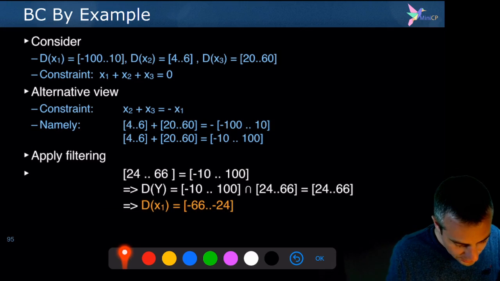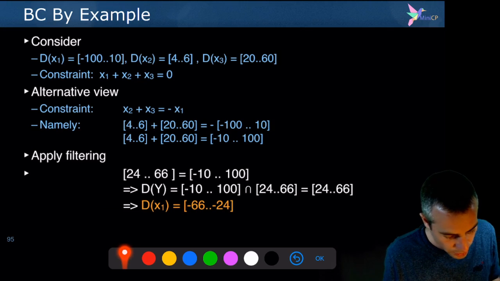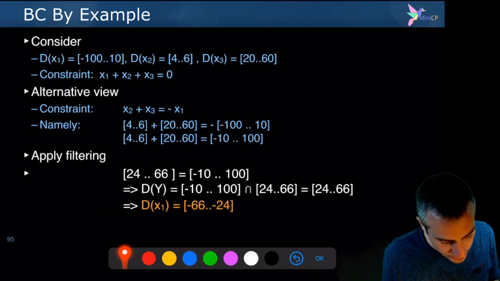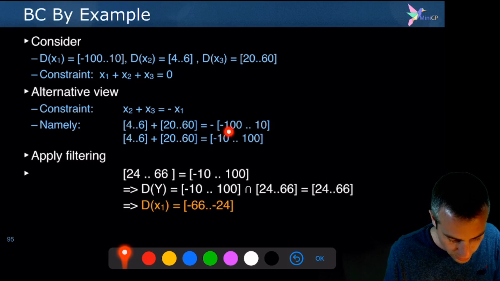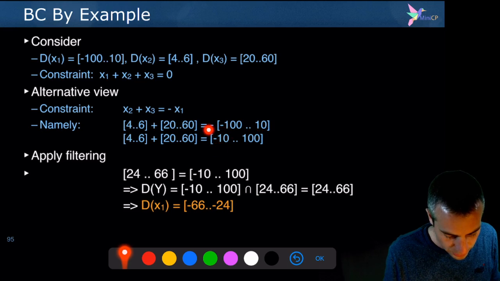So let's take an example of the sum constraint and see what we can do in terms of pruning. We have here x1, x2, x3, and we want the sum of the three variables to be equal to 0. I would like to do the filtering for the domain of x1, so I will put x1 to the right here. The domain will be minus 100 up to 10, and you have a minus here, so it's minus 10 to 100.